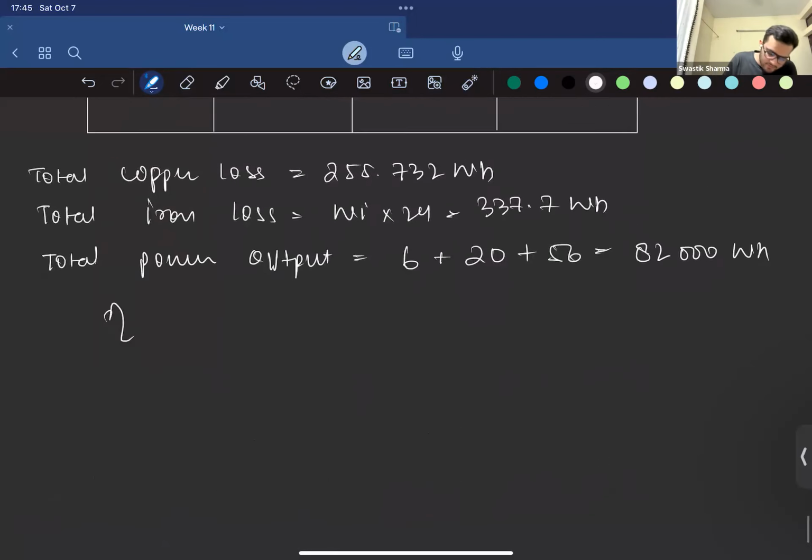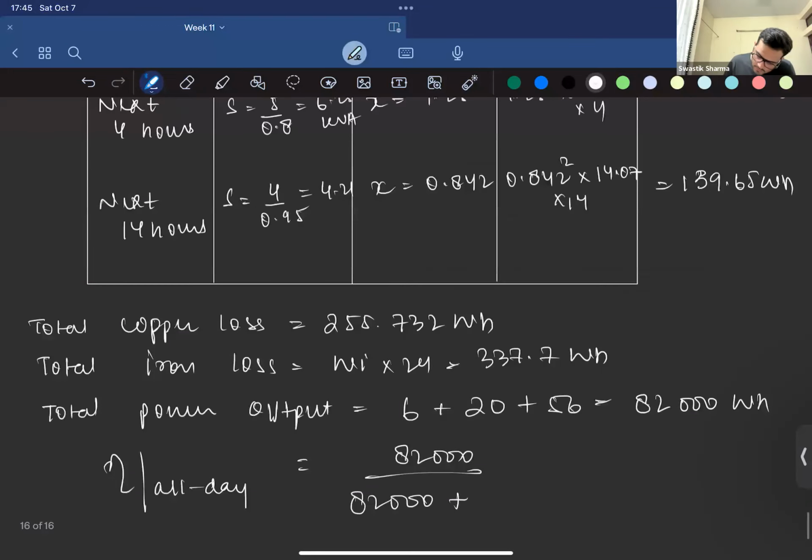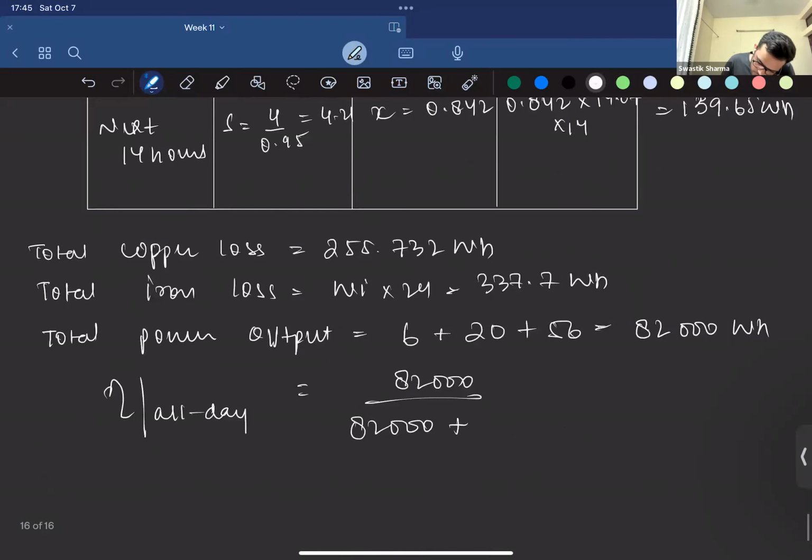So we need to find efficiency of all day, right? 82,000 divided by 82,000 plus 255.73 plus 337.7.